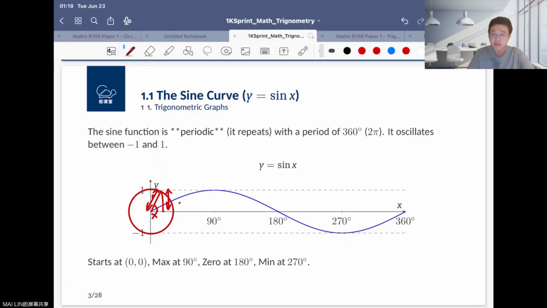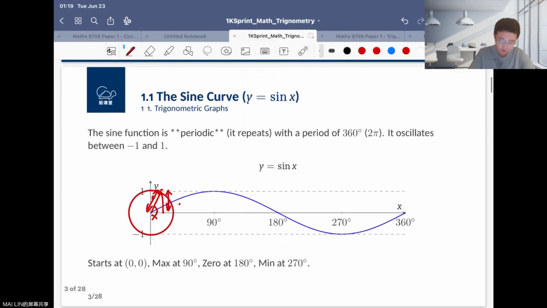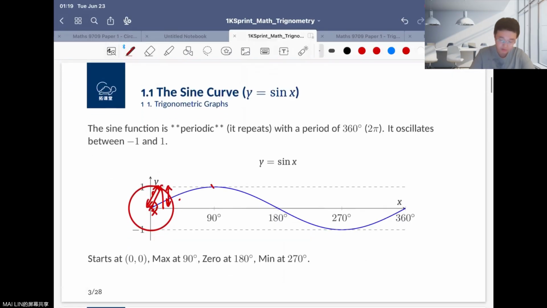So here it means y over 1. So you can find that sine x equals the y value of the point on the circle, right? Then you can calculate all the points from 0 to 90 degrees.